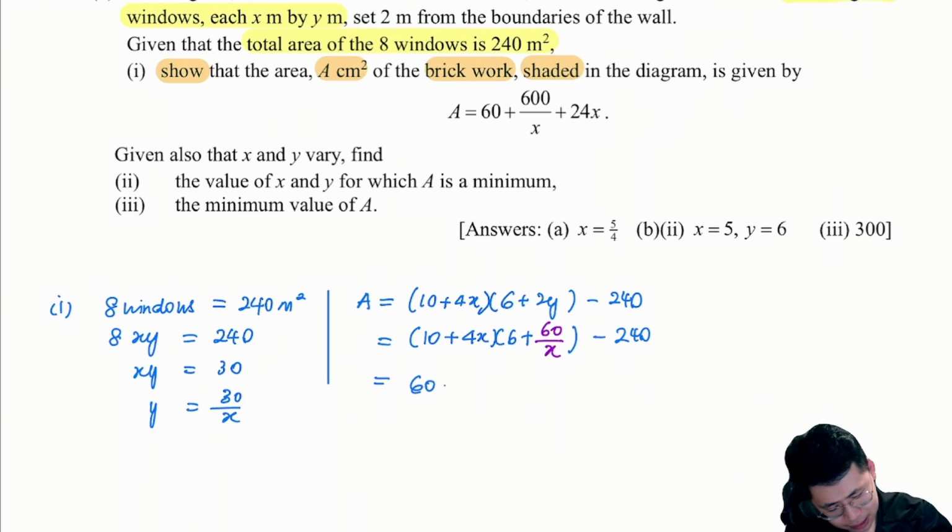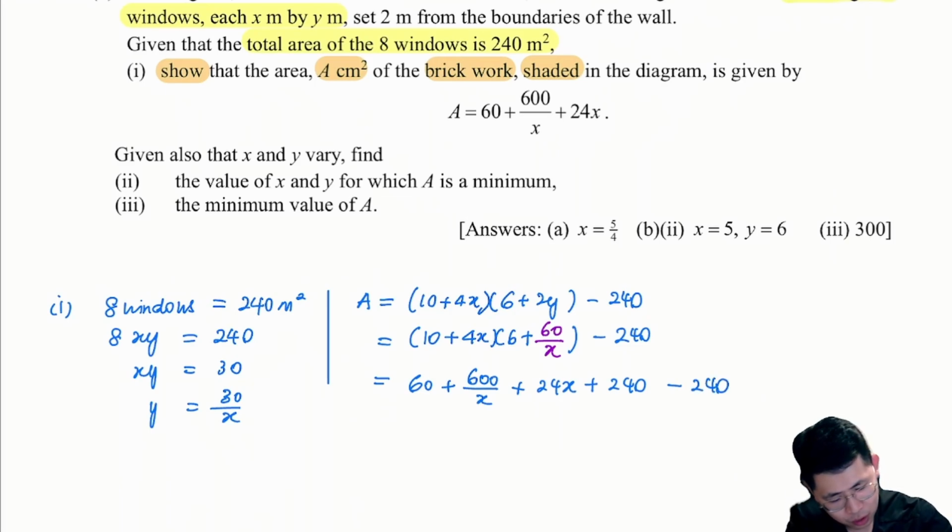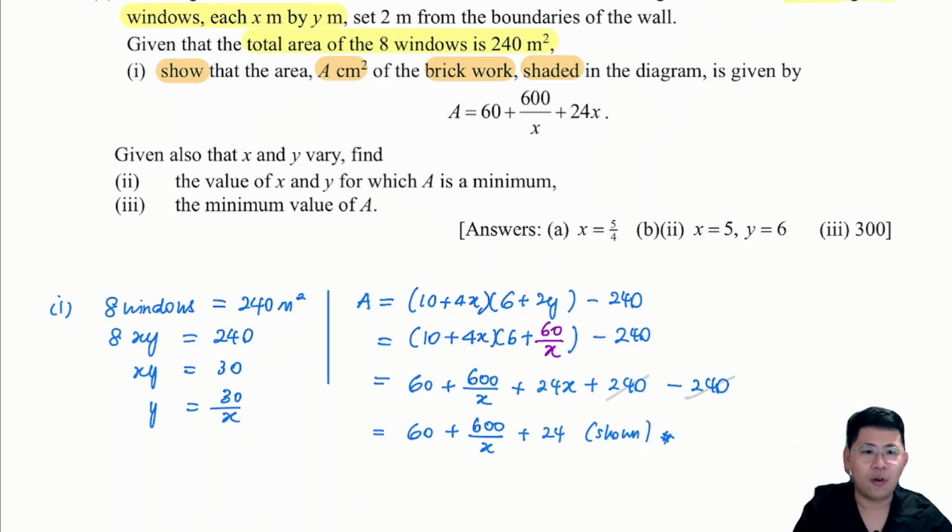This will be 60 plus 600 over x plus 24x plus 240 for this one, at the back over there, minus 240. We have this 240 and this 240 will cancel off. At the end of the day, this will be just 60 plus 600 over x plus 24x. And then we have completely shown that this is the expression for A.